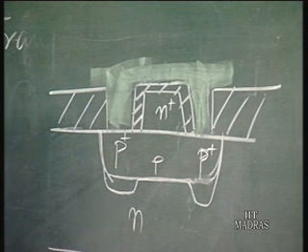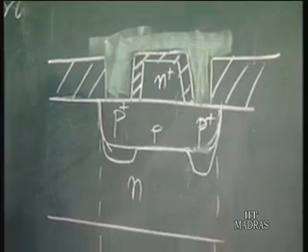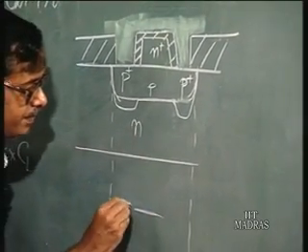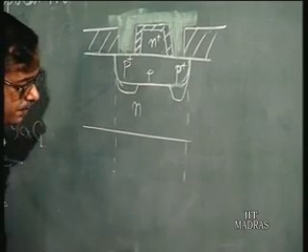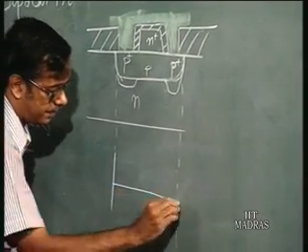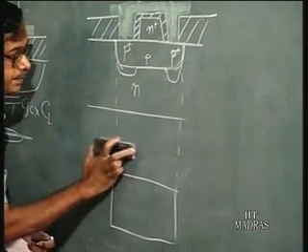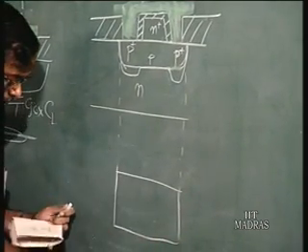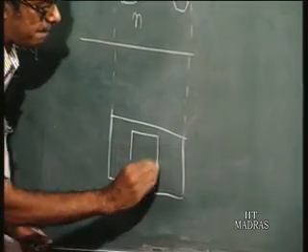You have this, the base region. Then you have the emitter region here, somewhere here.